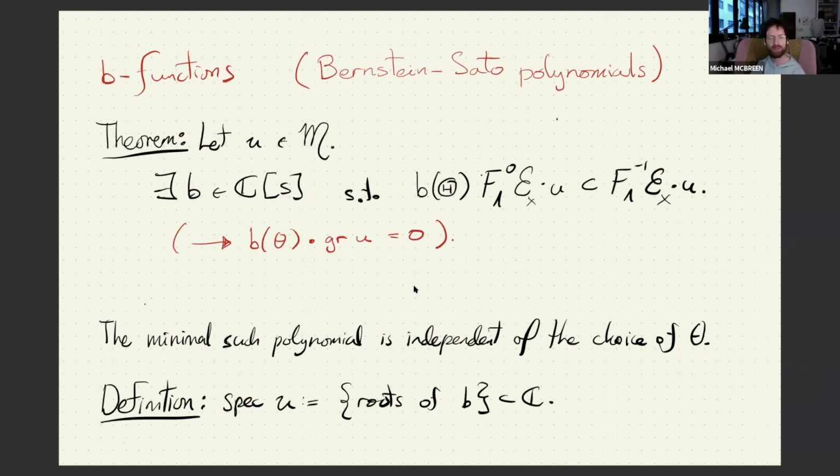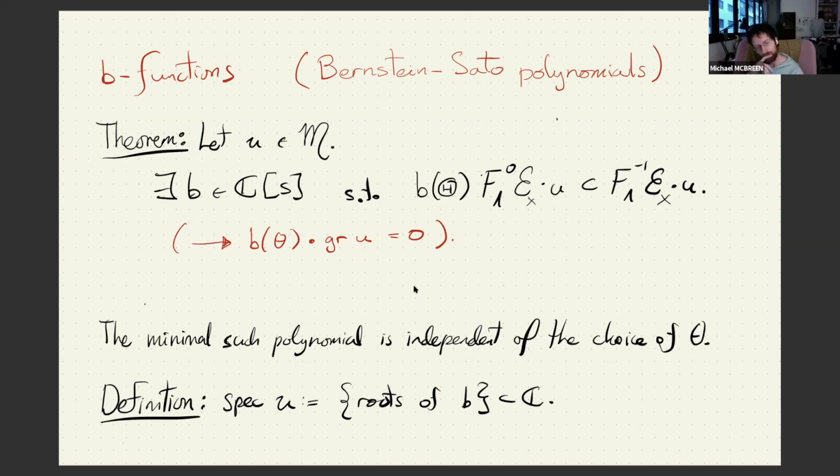What we'd like to do is to grade things by eigenvalues of theta, more or less. And what allows us to do this is the following theorem. Here again, we're assuming M is regular holonomic.